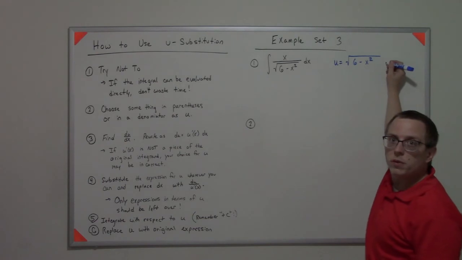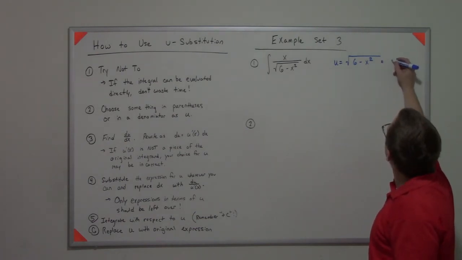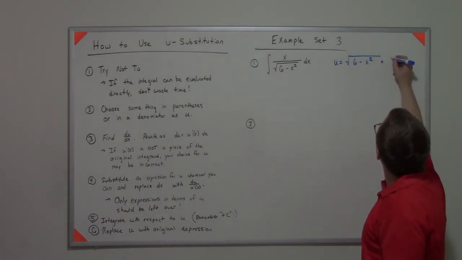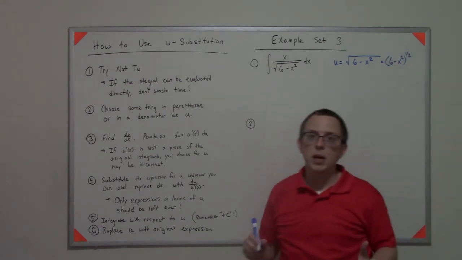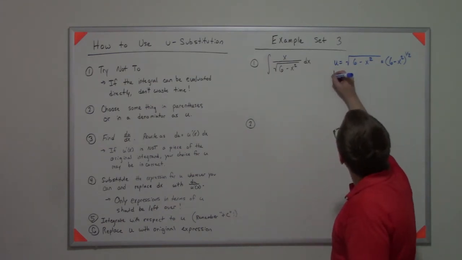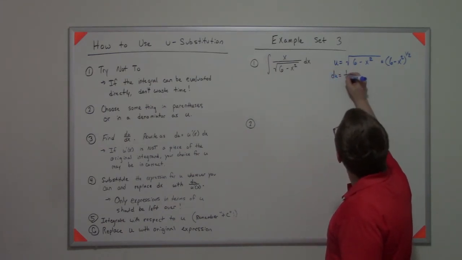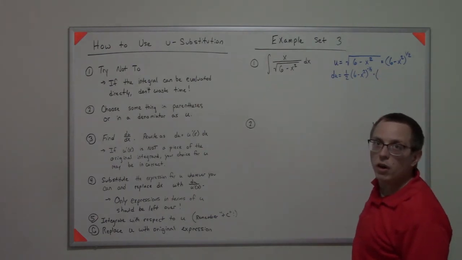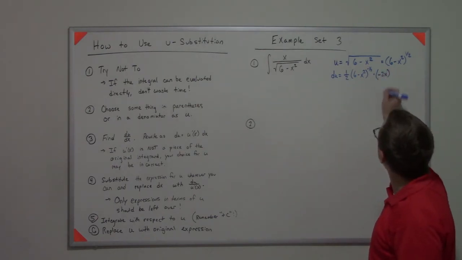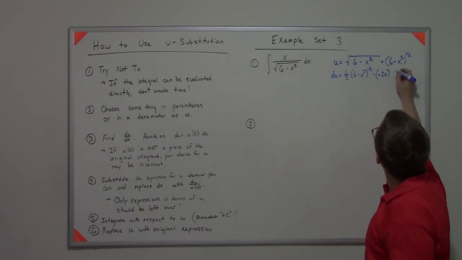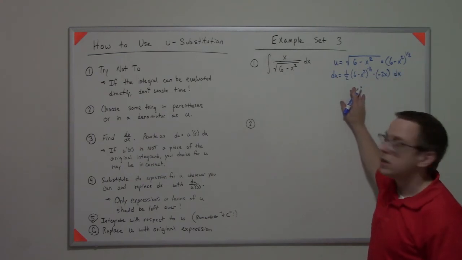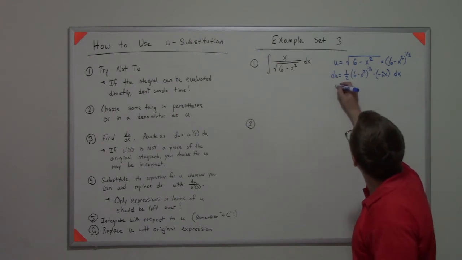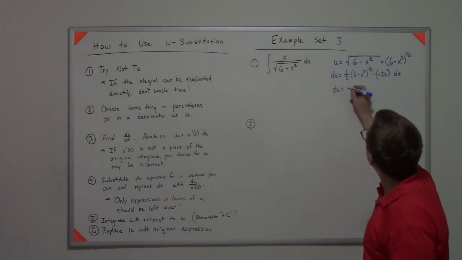So that's the square root of 6 minus x squared, which then I can rewrite as 6 minus x squared to the 1/2. So then when I take its derivative, du, you bring down the power, subtract 1 from the power, and then multiply by the derivative of the inside, which is negative 2x. And then you get a dx here. So we can simplify this a little bit. Those 2's will cancel. And so I'm going to bring that negative out front.